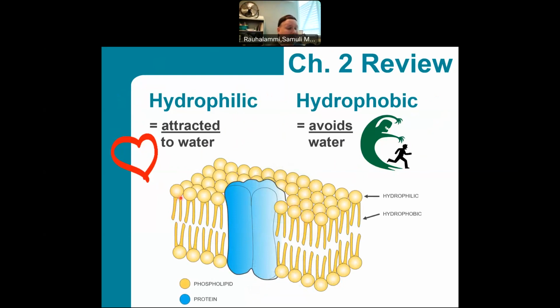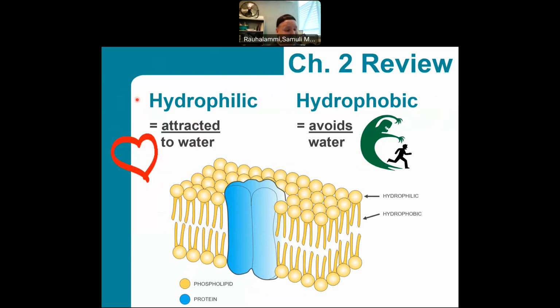Our cell membranes are made of two layers of phospholipids that spontaneously arrange in a way that the hydrophobic tails of the phospholipids are facing towards the center of the cell membrane, whereas the hydrophilic heads are facing towards the outside of the cell membrane, so towards where the liquid around or inside the cell is going to be.